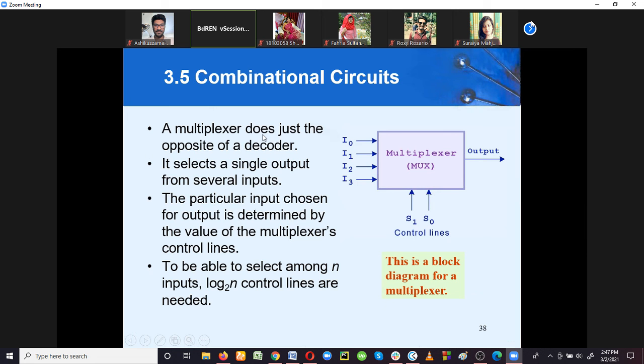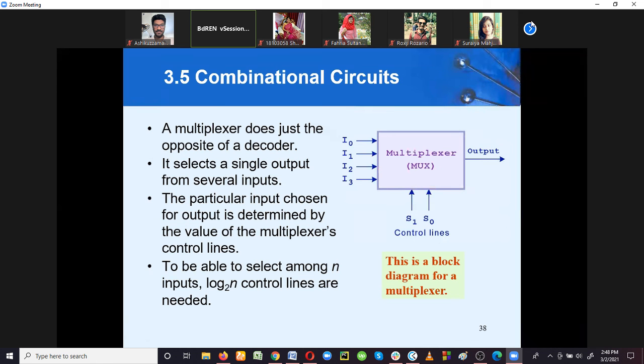A multiplexer does just the opposite of a decoder. So what was the function of a decoder? The function of a decoder was, if you give n number of inputs, we will get 2 to the power n number of outputs. That means less input, many outputs.